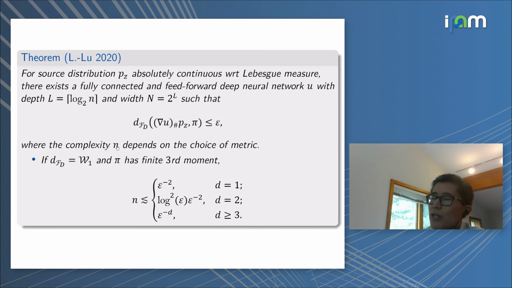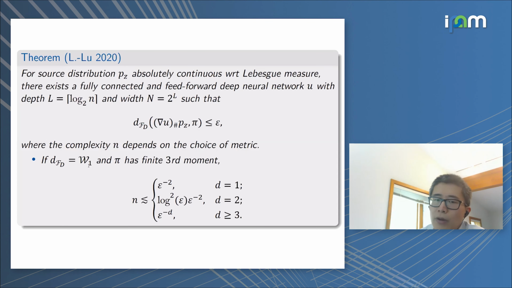And it depends on how you choose the metric. If you choose Wasserstein, as we know, Wasserstein is a very stringent measure of probability distributions in higher dimension. For example, if you think about how fast the empirical measure converges to the measure in the Wasserstein distance, you know that we have the curse of dimensionality.